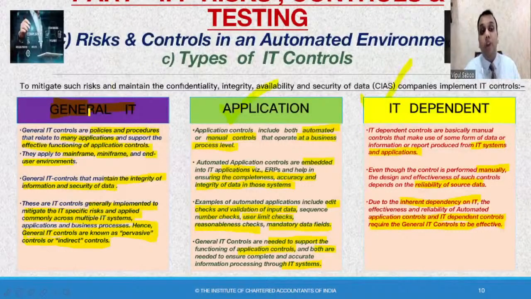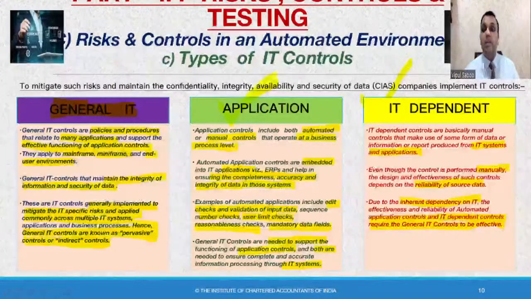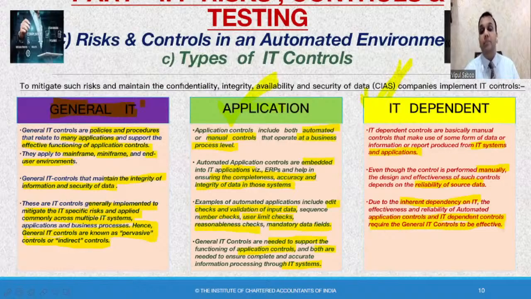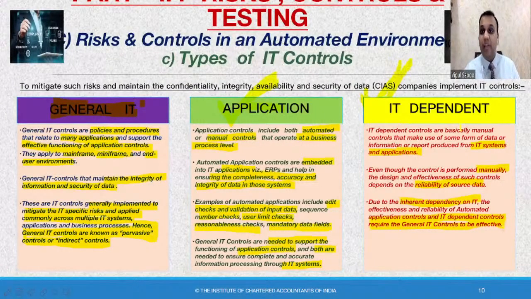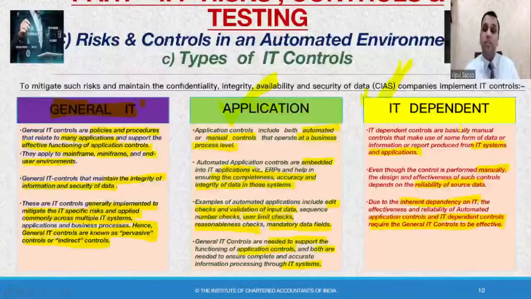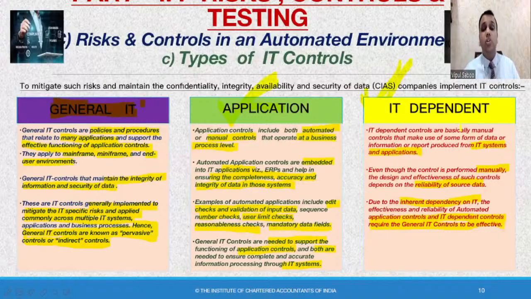Because if the foundation is strong, whatever you build upon it would be strong. But if the foundation is weak, application and IT dependent controls will also give you errors and more risks. The types of IT controls are general IT controls, application controls, and IT dependent controls. Let us discuss each of these controls in detail.